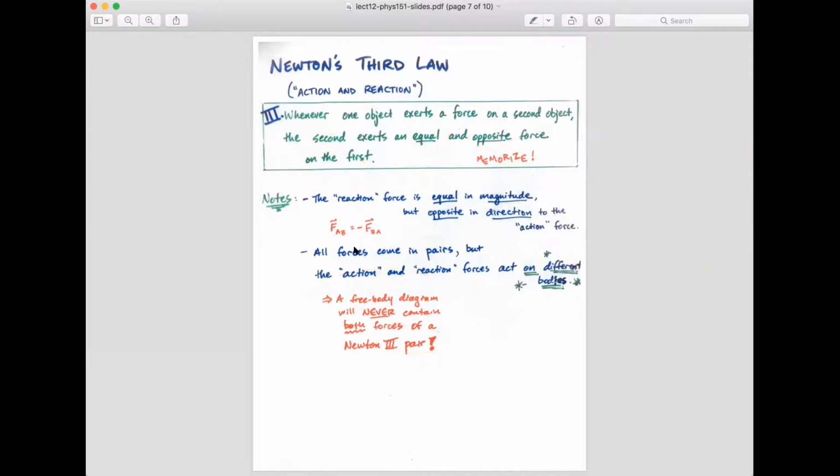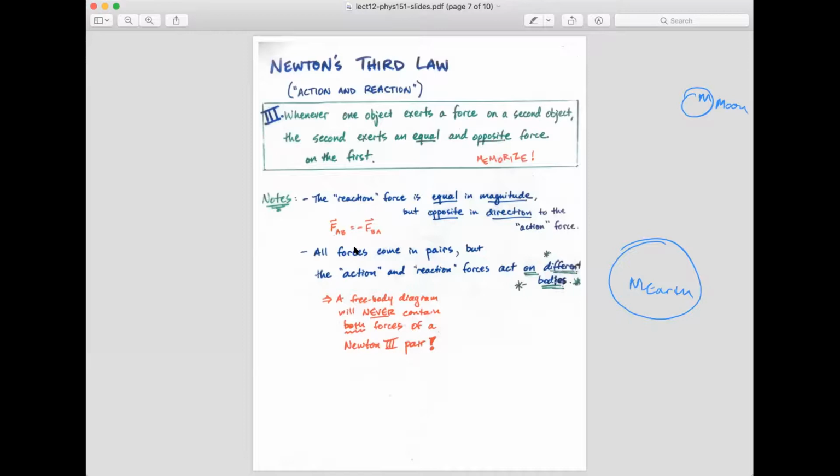One last example. What if we had the Earth and the moon? We're going to learn in a future chapter on gravitation that all objects that have mass in the universe exert attractive gravitational forces on all other objects.